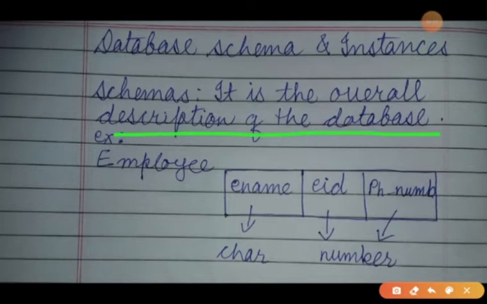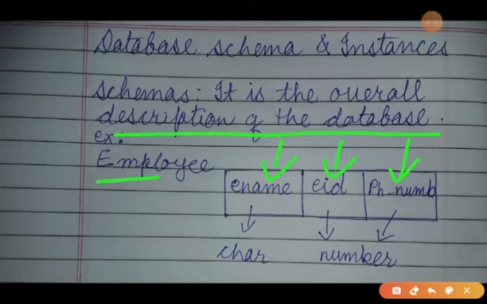So let's see with an example. In our database we have an employee table. In employee we have different columns or fields. So this is the structure of the employee table in the database.